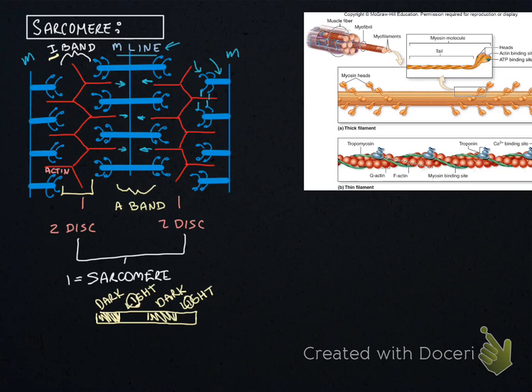So the dark band, let me redraw this. The dark band is the other portion. And then the H zone is the place where it is only myosin. So this is the H zone. Okay.